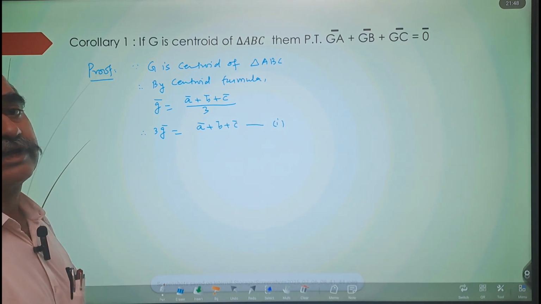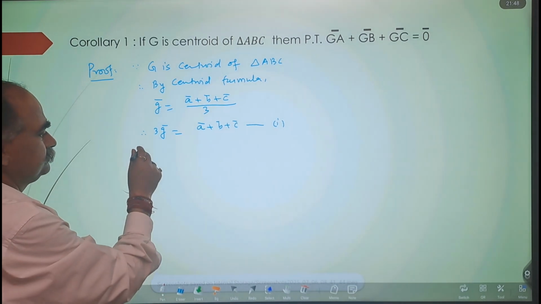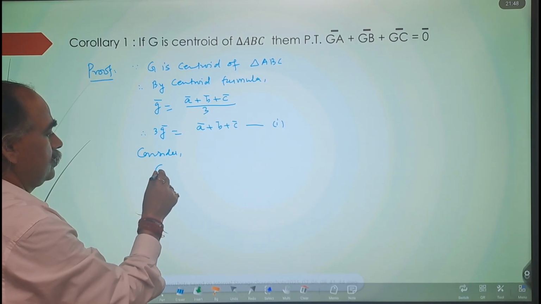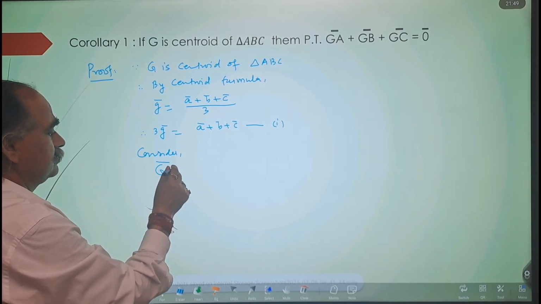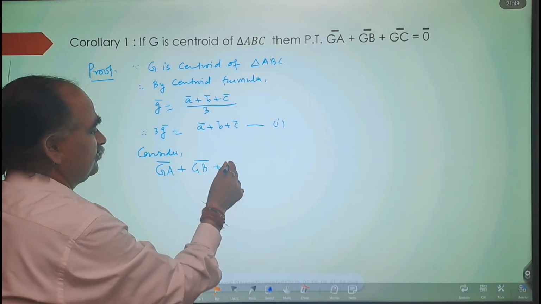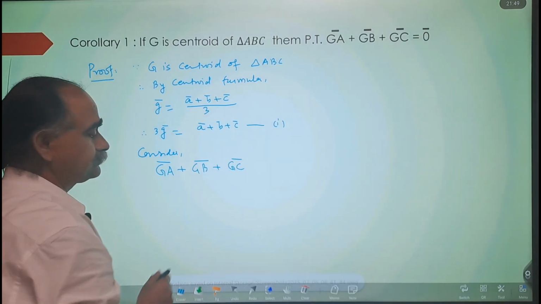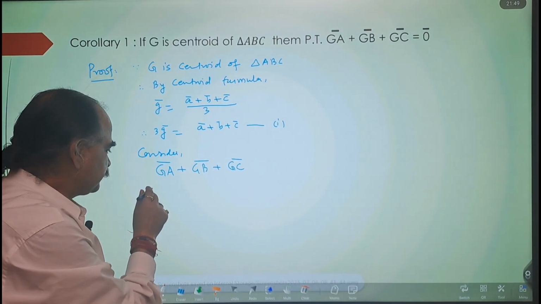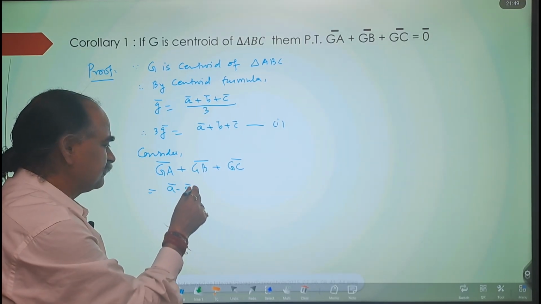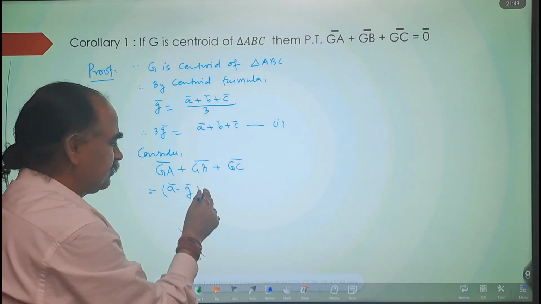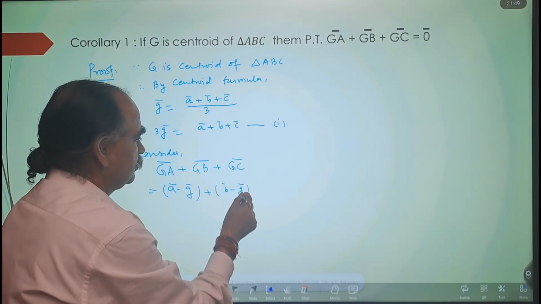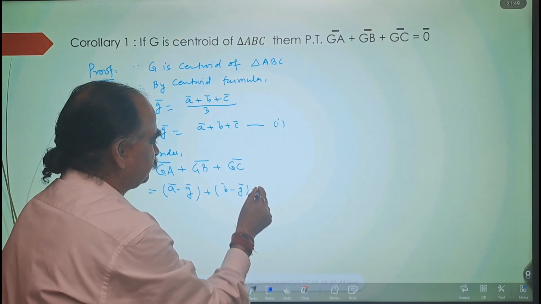Now whatever we have to prove, that we will take. Consider GA bar plus GB bar plus GC bar. GA bar is nothing but position vector of terminal minus position vector of initial. A bar minus G bar. Same way B bar minus G bar plus C bar minus G bar.